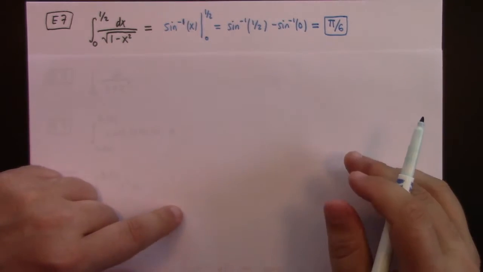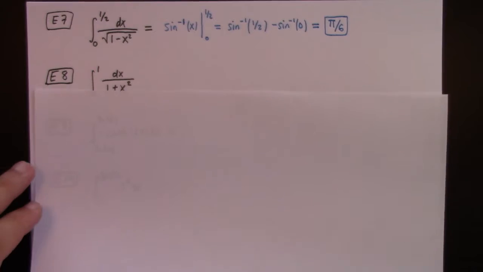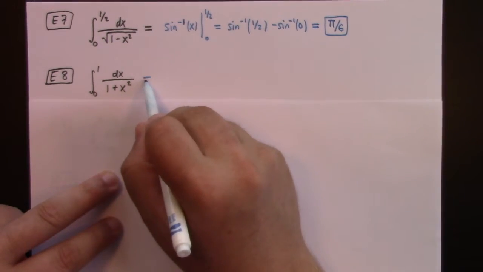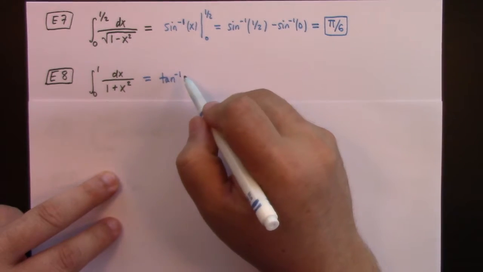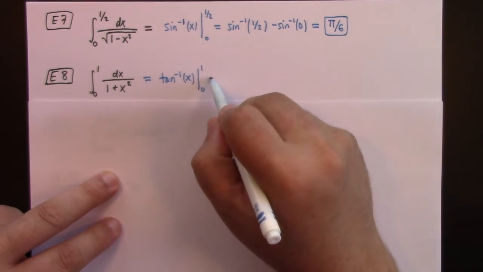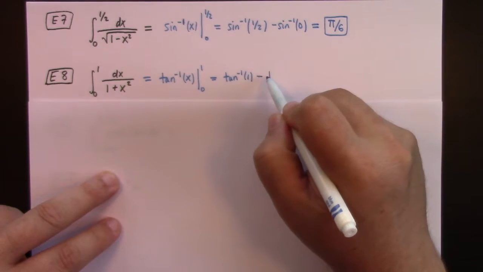So you might remember sine of 30 degrees is 1/2. Anyway, there it is. This one, integral from 0 to 1 of that, well, this is inverse tangent of x. That's the antiderivative of 1 over 1 plus x squared, evaluated from 0 to 1. So I have inverse tangent of 1 minus inverse tangent of 0.